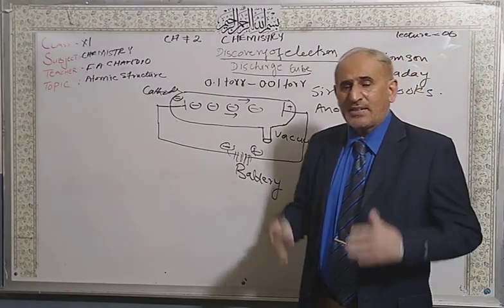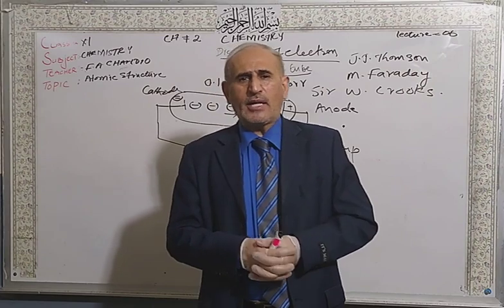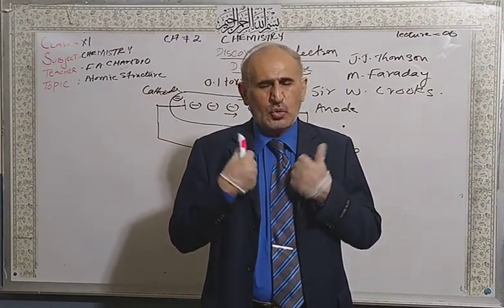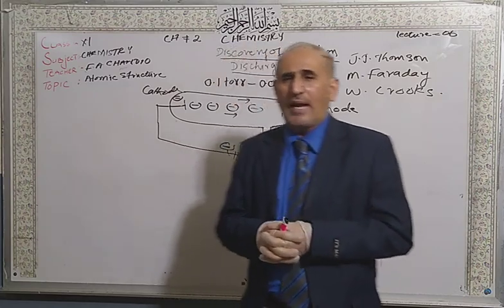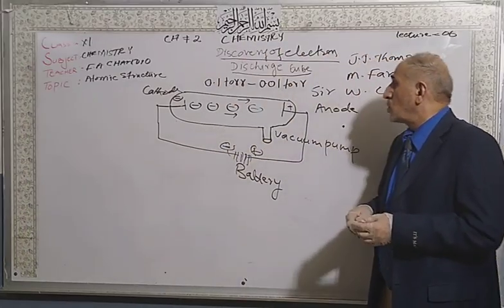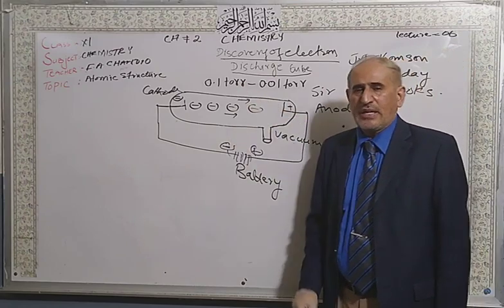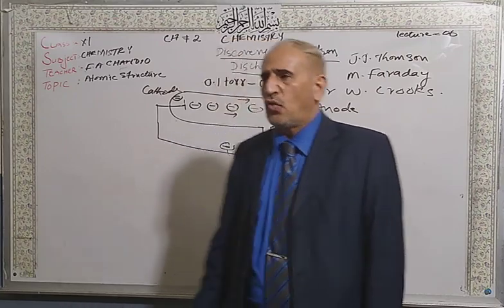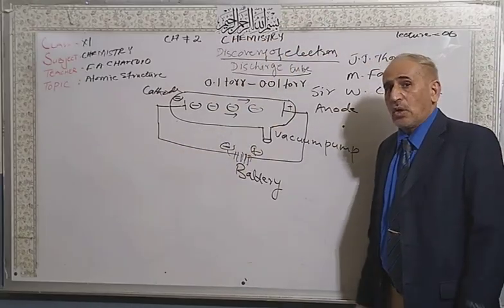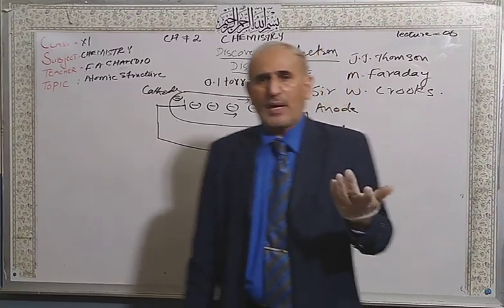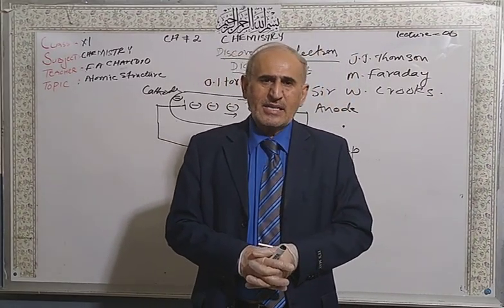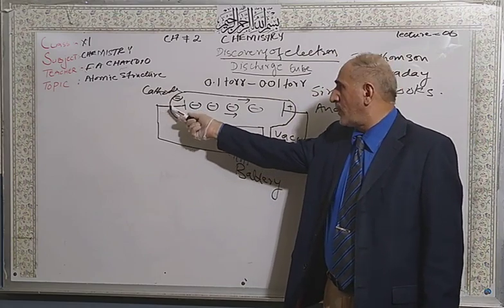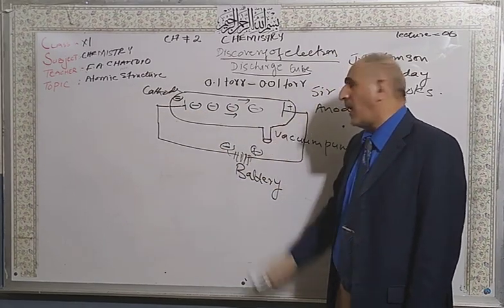When the pressure is normal, 1 atmosphere, there is no conduction of electric current through the air or any gas. When the pressure was decreased to a very low point, 1 to 0.01 torr, the electric current started to pass through the gas, and rays originate from the cathode and travel towards the anode.